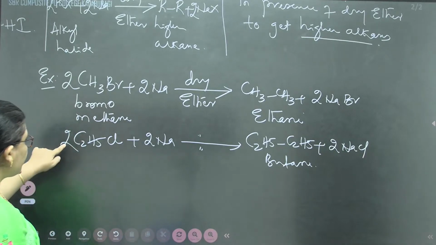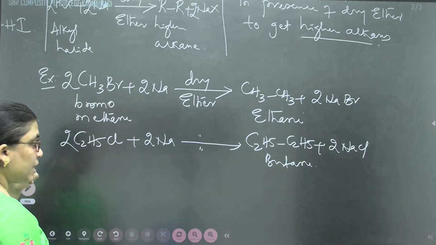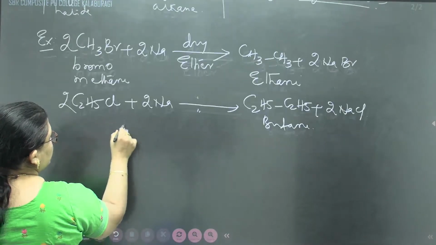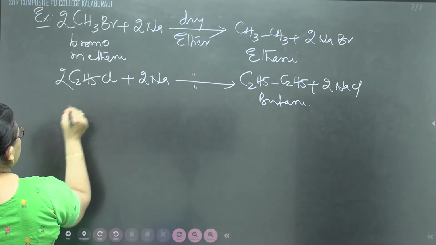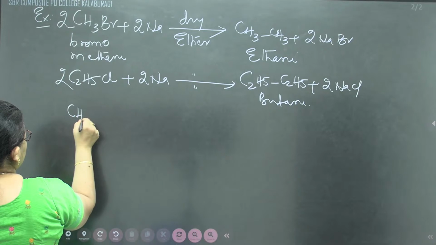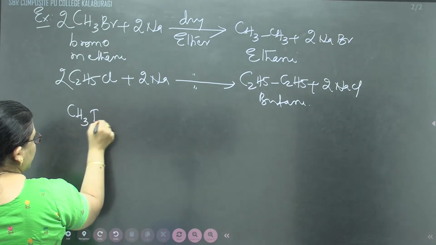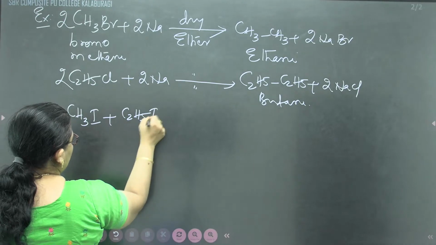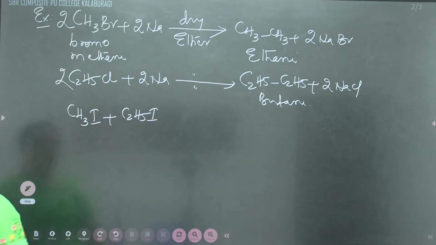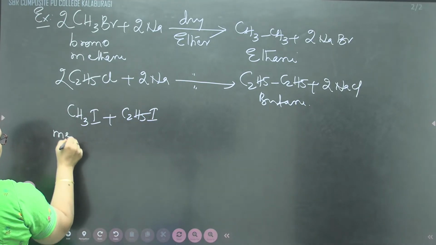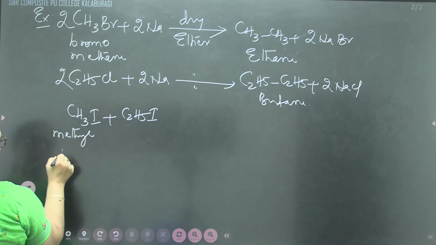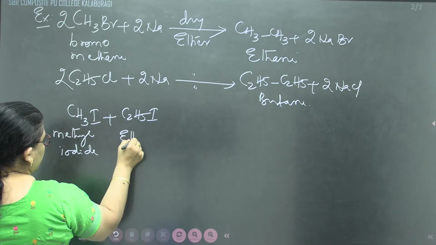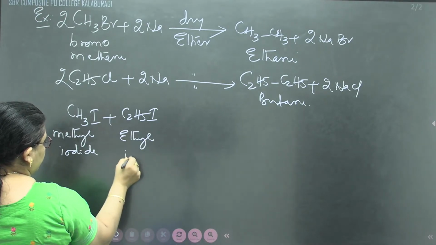So far I have taken the same alkyl halides. Instead of taking two the same, if I take different ones, how does it happen? You see, one mole I'll take as methyl iodide, or iodomethane, and the other mole as ethyl iodide.